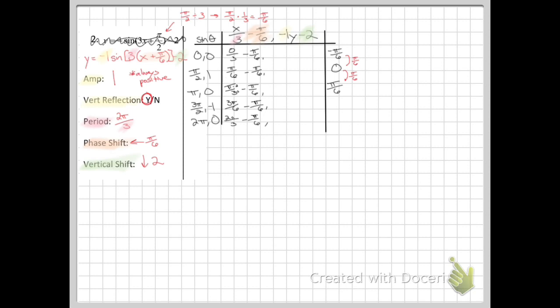So, and I don't know why I'm using black, but it's fine. So add another pi over 6 and I get 2 pi over 6, and it's perfectly fine to not reduce these. Add another pi over 6 and I get 3 pi over 6. And you can check by doing the actual equation math over there that I got those right. Y's.